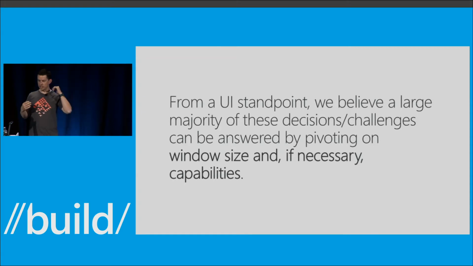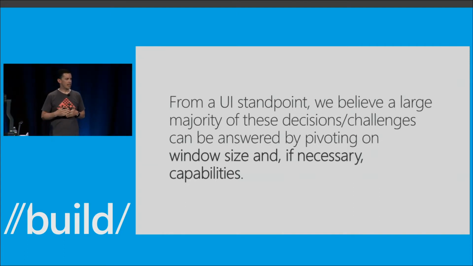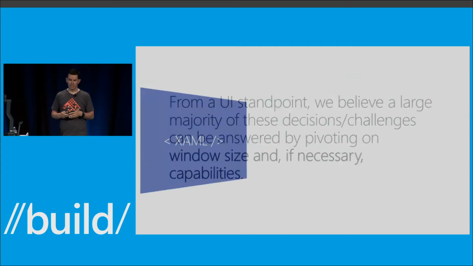And we believe this is the core message we want to get to you in this session: from a UI standpoint, we believe that a large, if not all, of your key scenarios can be met by creating a single app and single views that use the APIs that we'll show you, that respond simply to window size, and if necessary, and only if necessary, check for feature detection or capabilities. And so hopefully we'll be able to demonstrate that to you today.